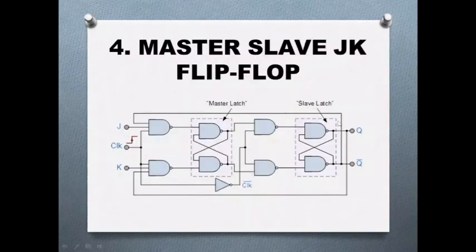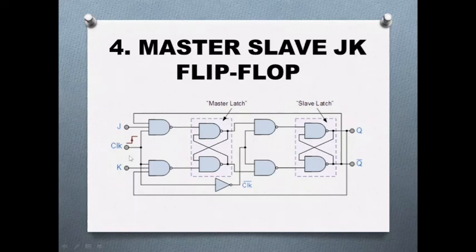Master slave JK flip-flop consists of two JK flip-flops connected back to back. Operation of the right hand flip-flop depends on the response of the left hand flip-flop. Also, we can say that the left hand is controlling the right hand flip-flop. That's why the left hand flip-flop is called the master flip-flop, and the right hand is called the slave flip-flop.